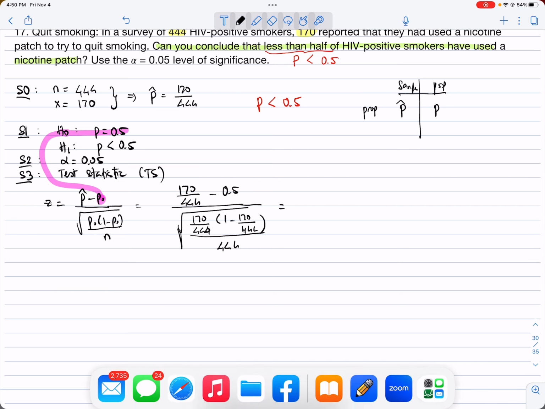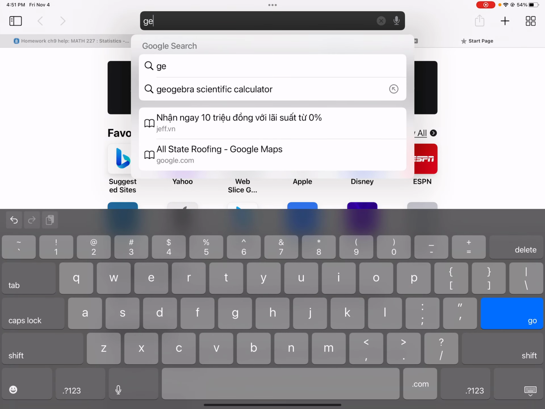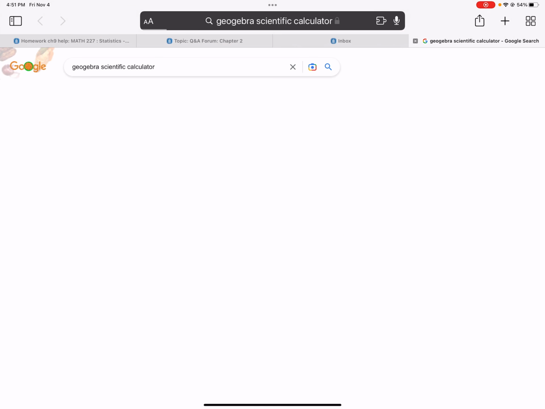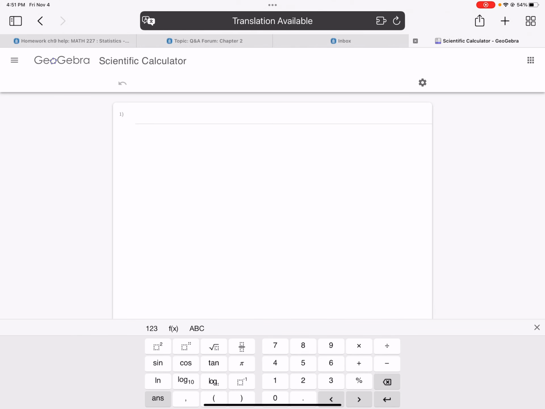So here, we first have a fraction. On the top, we have 170 divided by 444, and then we move to the middle, minus 0.5.